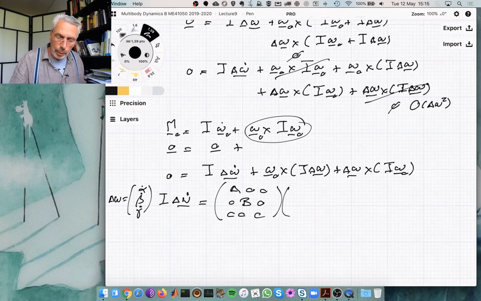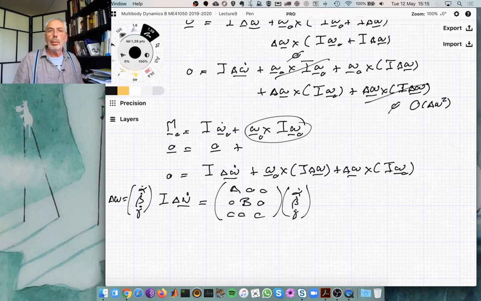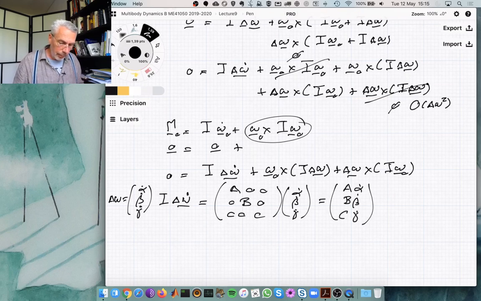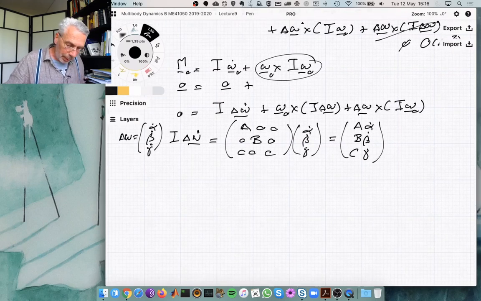It writes a little bit easier than omega x, omega y, omega z. So here we have alpha dot, beta dot, gamma dot. These are the small angular speeds added to the initial one. And the question is, of course, do they grow or not? If we do this multiplication, we get this nice vector A alpha dot, B beta dot, and C gamma dot. So that's easy. Now the other part is, of course, a bit more complex.